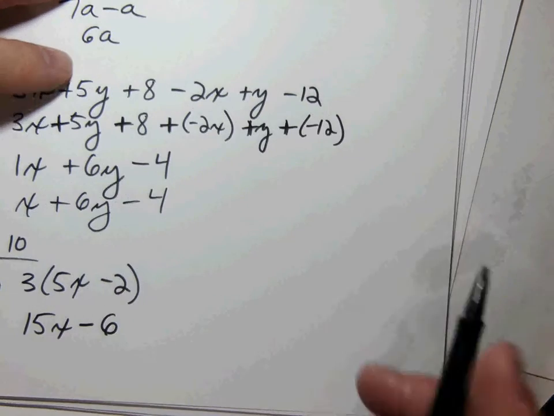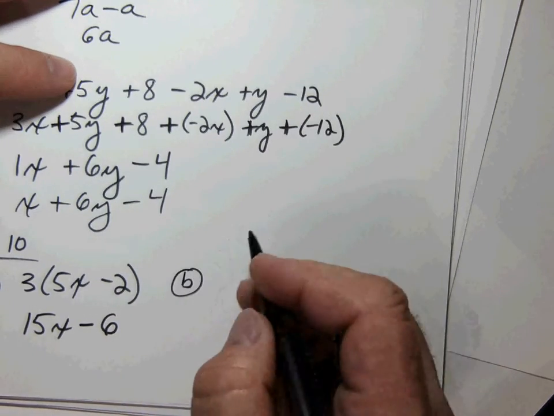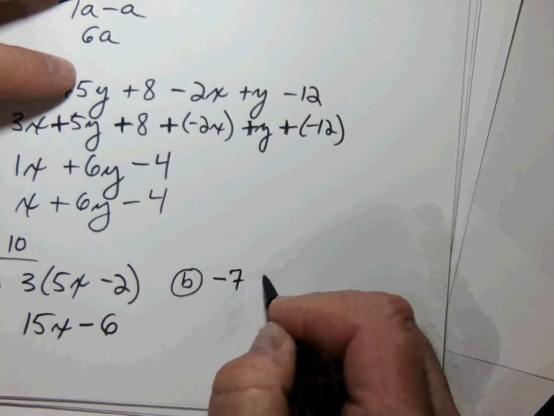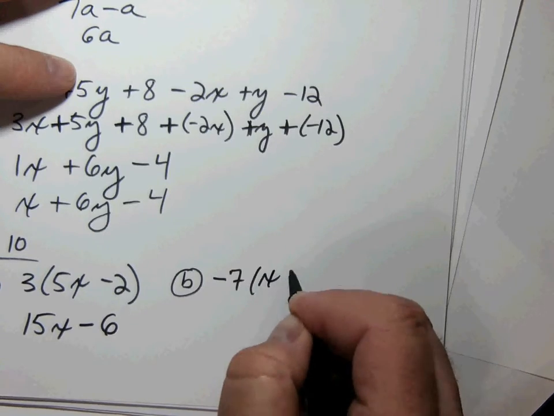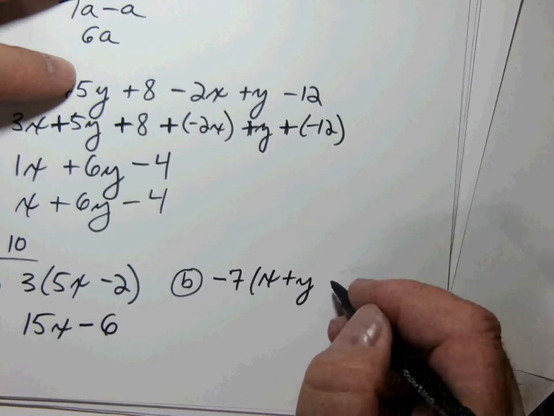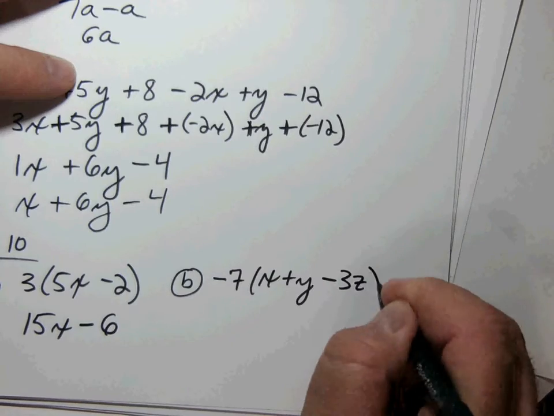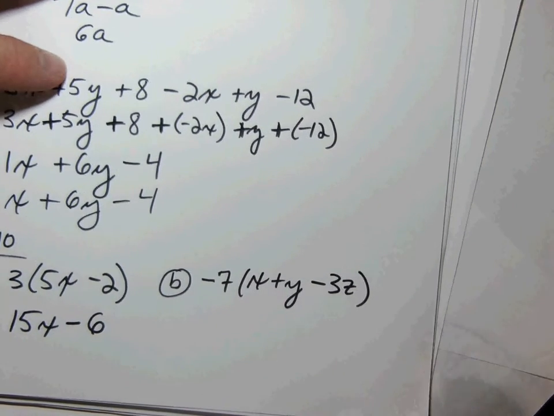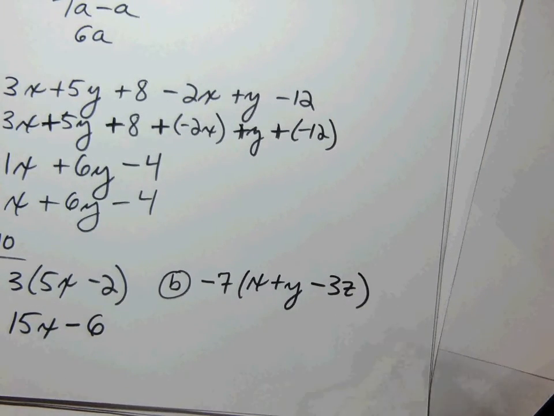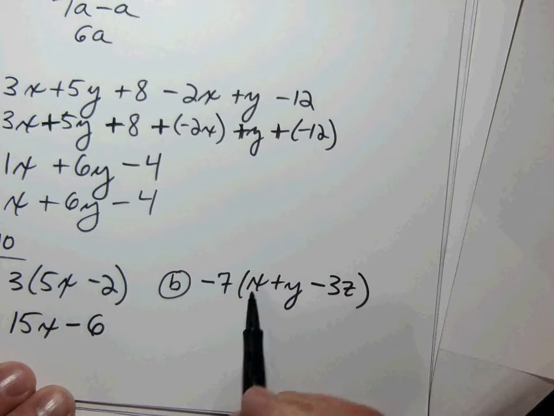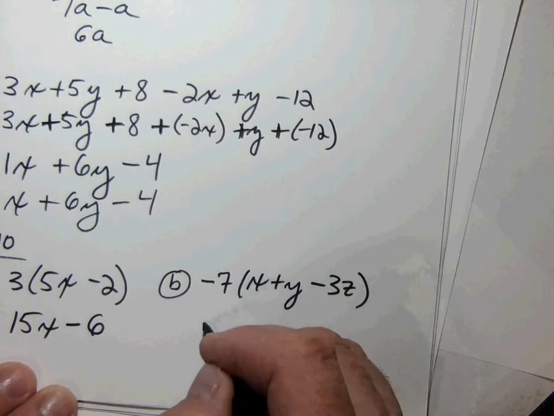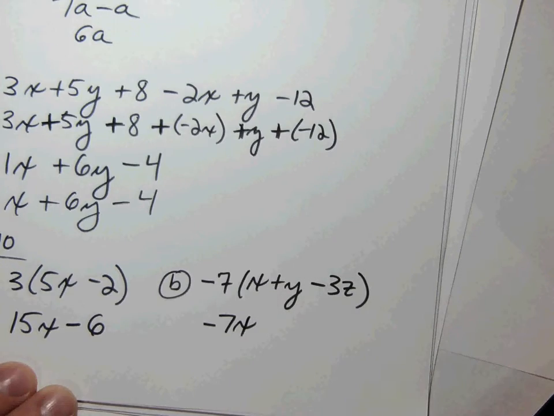Okay, let me sneak b in over here on this page. Negative 7 now, okay? x plus y minus 3z. We are distributing a negative 7 across. And here's another reason why I don't like this rewriting stuff. Negative 7 times positive x is negative 7x.